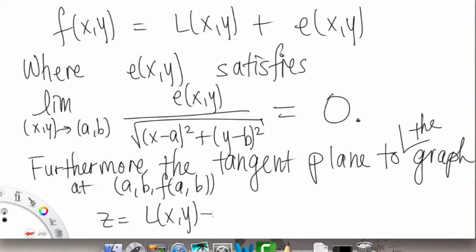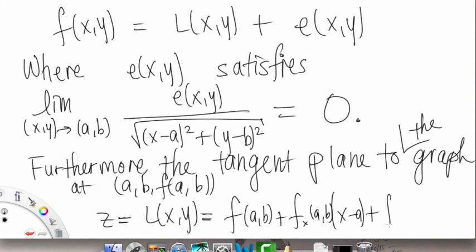So this linear approximation gives us the equation for the tangent plane: f of A B plus f sub x at A B times x minus a plus f sub y at A B times y minus b. That's basically this whole slide, the takeaway from this entire section about differentiability and tangent planes.